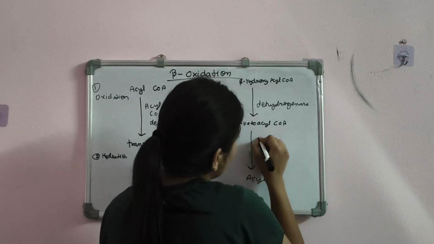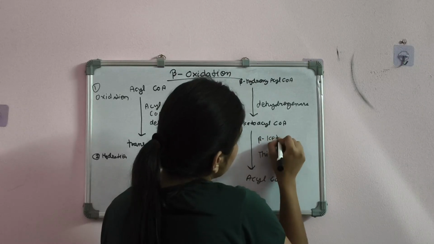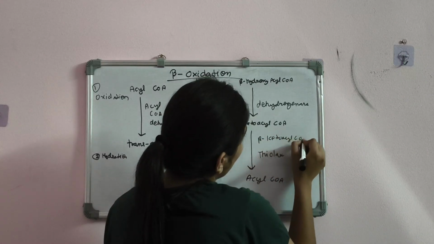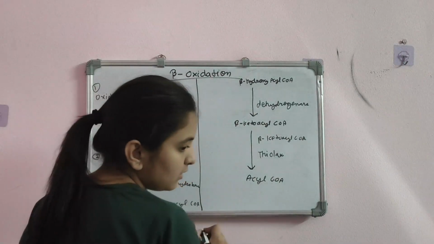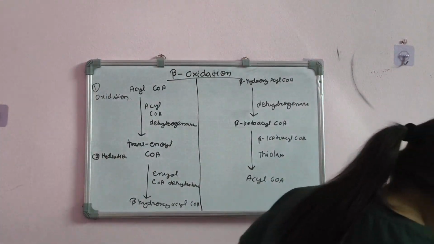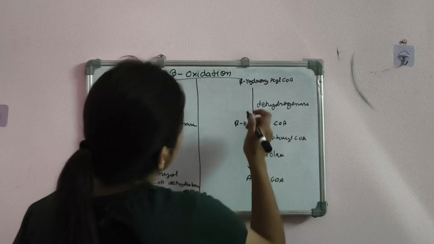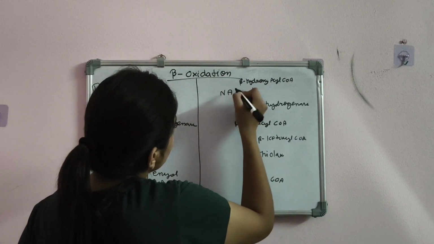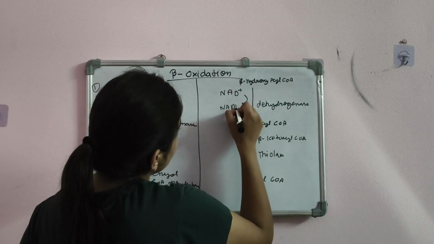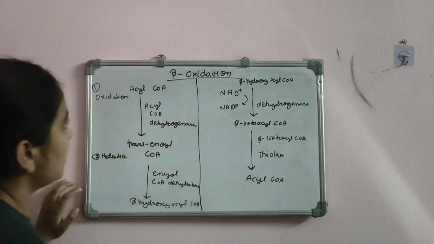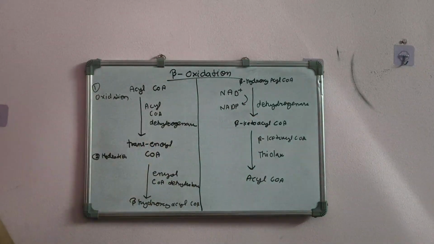It is basically beta ketoacyl CoA thiolase. Now what happens in this reaction is that NAD+ is converted to NADH. So yeah, this is basically beta oxidation.